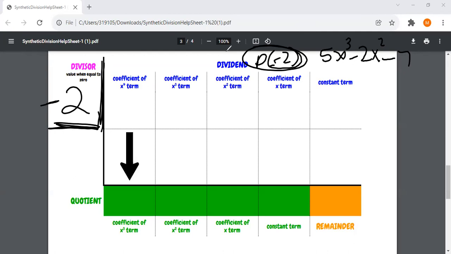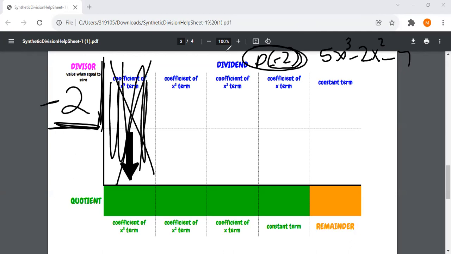Because there's no x to the 4th, my equation is 5x cubed minus 2x squared, I can actually just ignore this. I'm going to move that arrow into the next spot, because I'm starting with an x cubed. So now what do I write as my coefficient of the x cubed term?